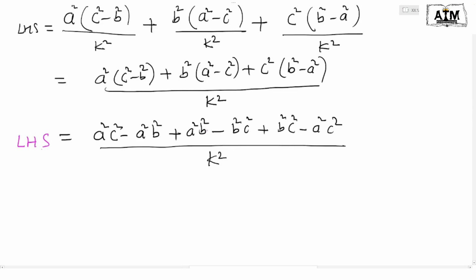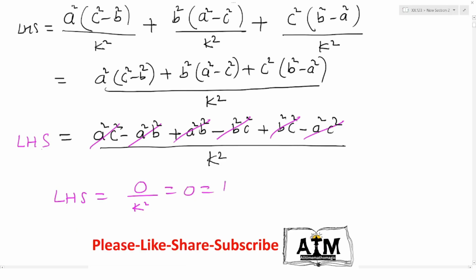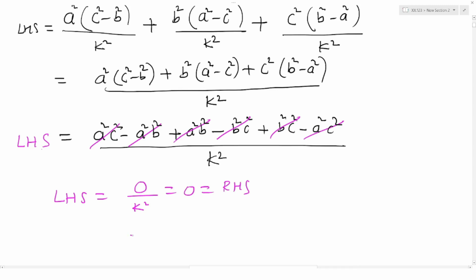Now cancelling similar terms, a square b square gets cancelled, then a square c square gets cancelled, and even these two terms get cancelled. Therefore we get LHS equals 0 upon k square equals 0, that is equal to RHS. Therefore LHS equals RHS is proved.